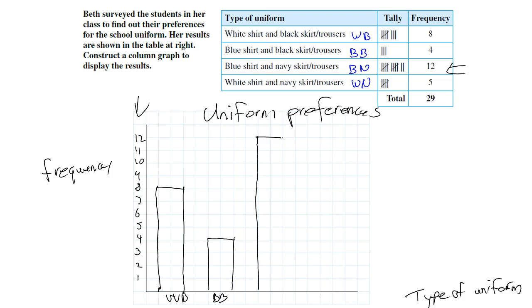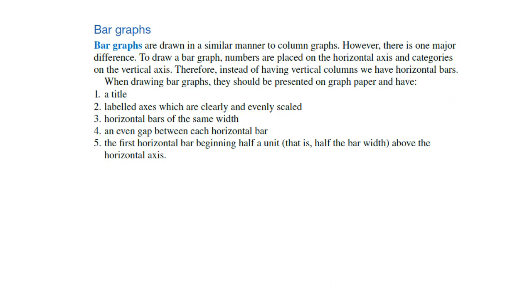Using a ruler for these long ones makes your life a lot easier, a lot neater too. Call it BN, and WN we want 5. We're going to go up to here, across, and then down. And we'll call that WN. Okay, so that's what you'd need to do in something like this.